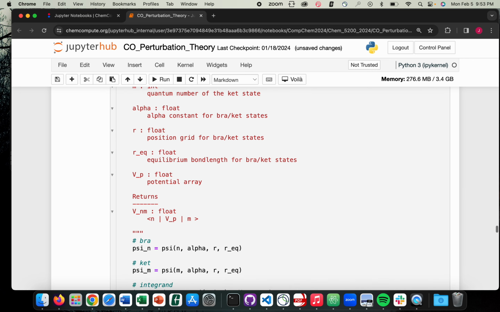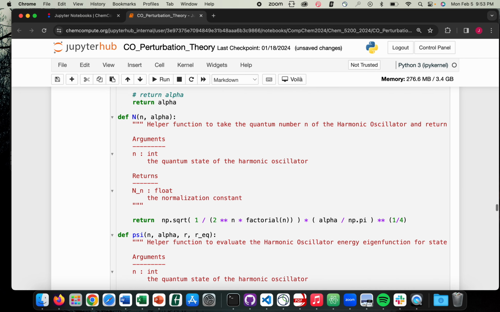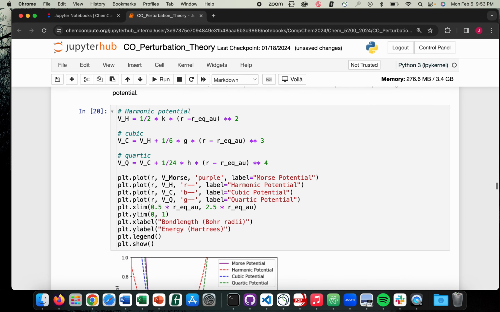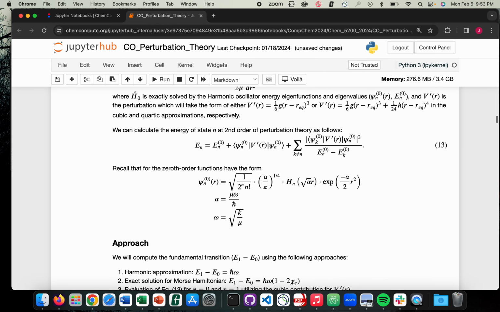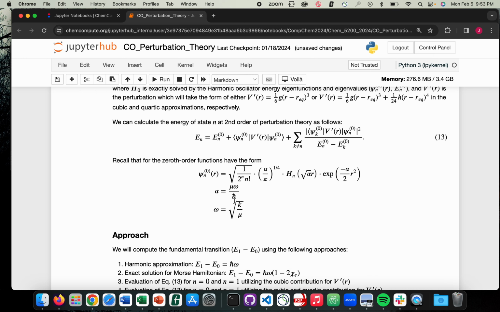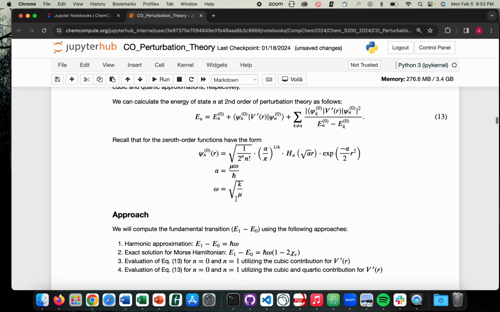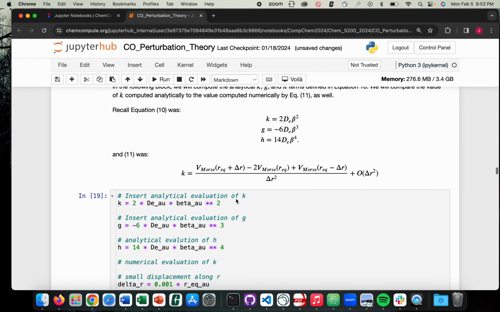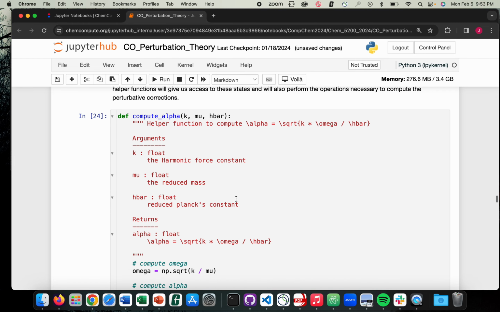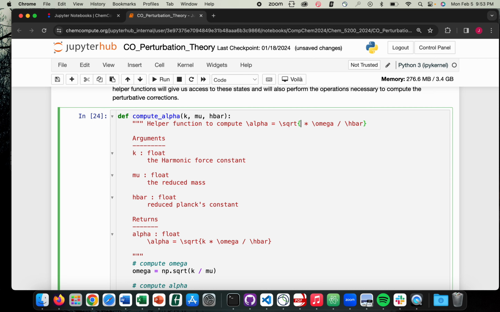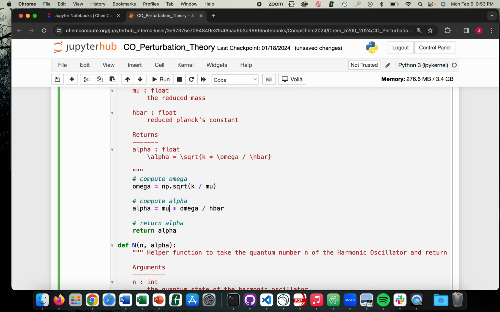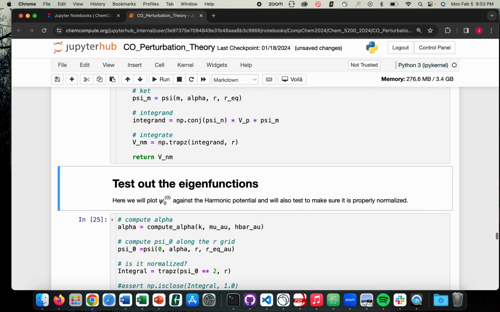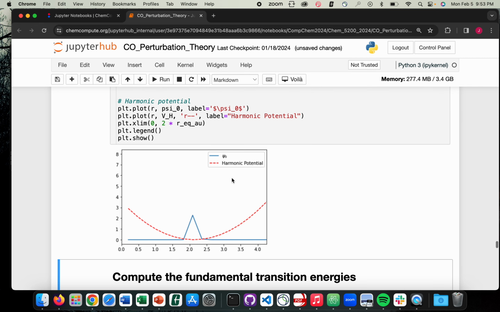That looks even worse. Mu omega over h bar. Okay. That looks a little better.